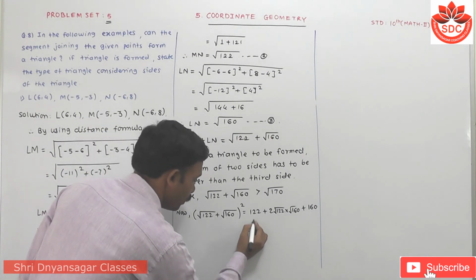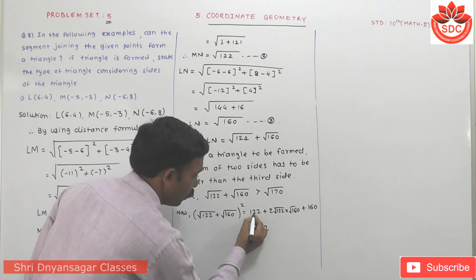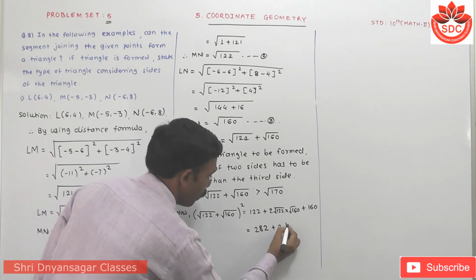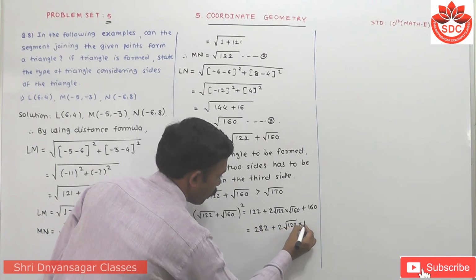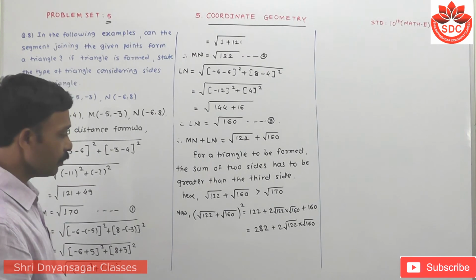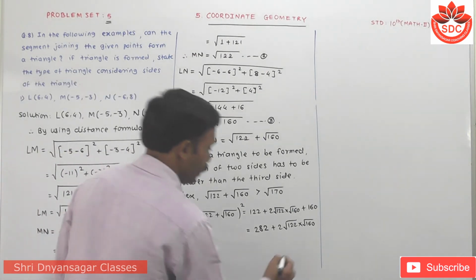The addition becomes 122 plus 160, which is 282, plus this term which we write as it is. Suppose that this is our equation number 4.